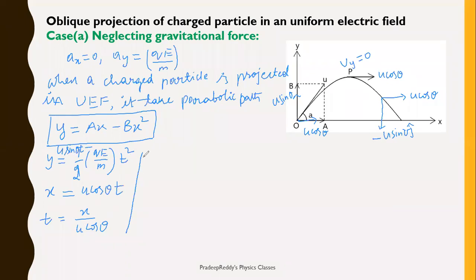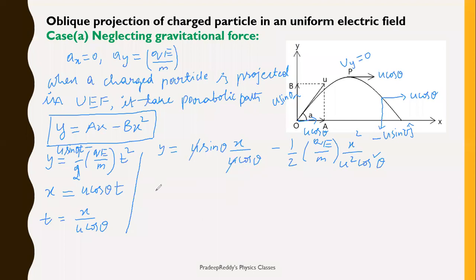Take this t and substitute here. So you can write y is equal to u sin theta into t, which can be written as x divided by u cos theta, minus half into qE by m into t square, which can be written as x square divided by u square cos square theta. This u and u get cancelled.